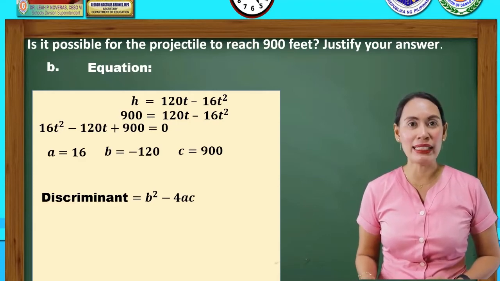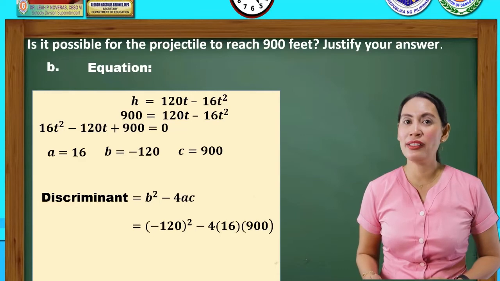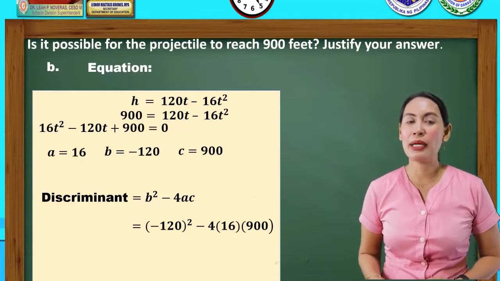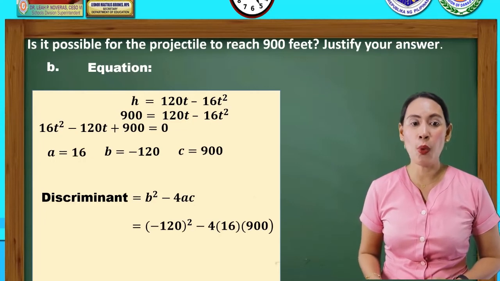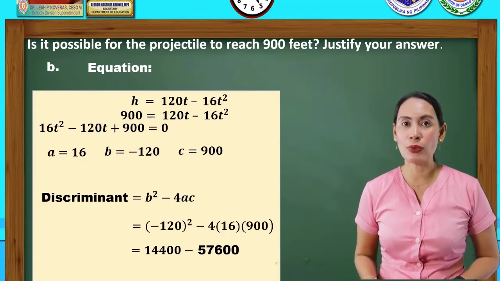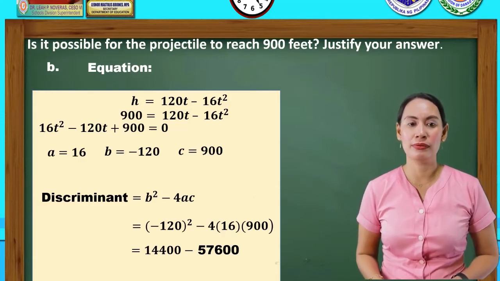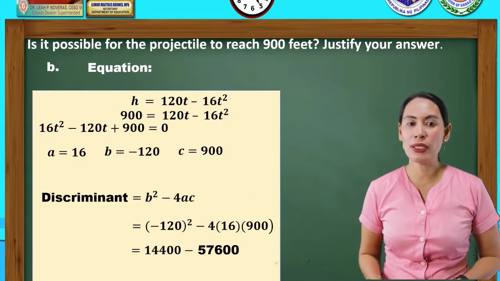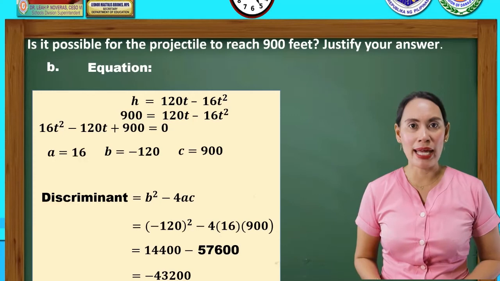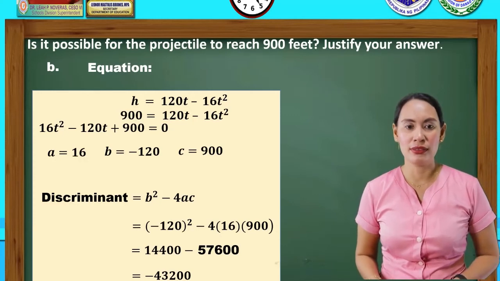The discriminant is negative 120 squared minus 4 times 16 times 900 equals 14,400 minus 57,600. So that is equal to negative 43,200.